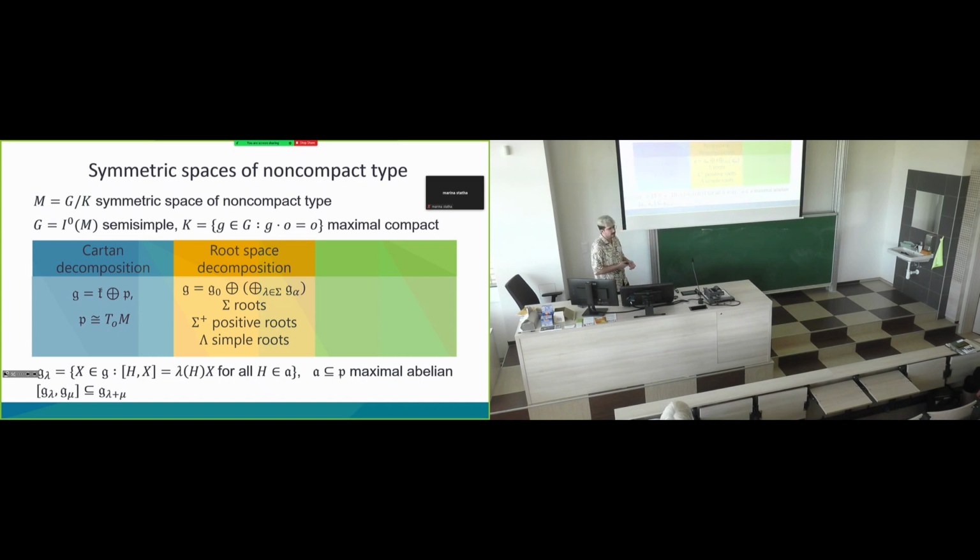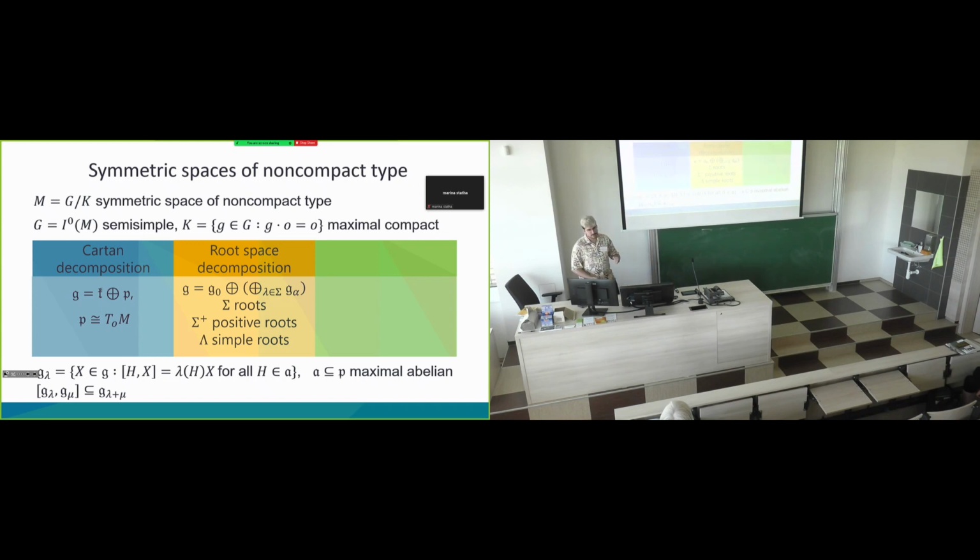One can define a sense of positivity on this set of roots, and among those positive roots, one can choose the ones which are not sums of other roots, which are the simple roots, sigma plus being the set of positive roots.